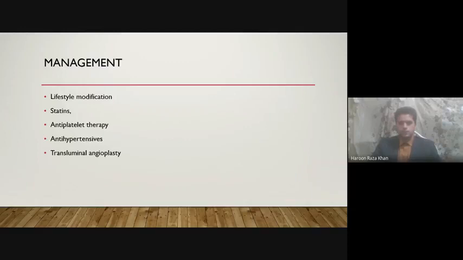Transluminal angioplasty, as I have written here. Now, this transluminal angioplasty is basically to dilate the stenotic region, and stent placement is used in these patients.